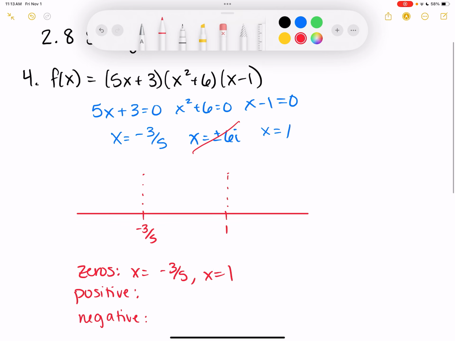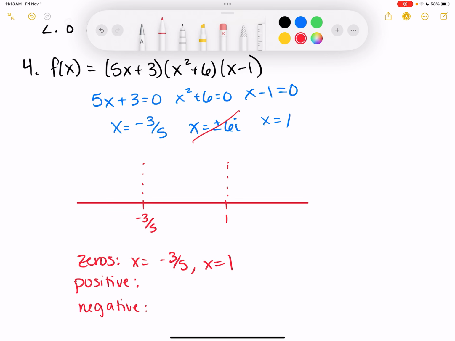So to do that, I pick a number that's in this interval and I plug it into the equation and I see what happens. So this is negative 3/5. I would recommend checking negative 1. So all I care about is each parentheses. If I plug in negative 1 here, it's negative.